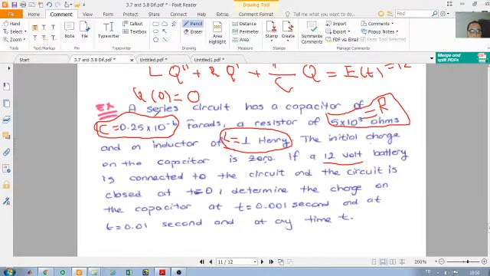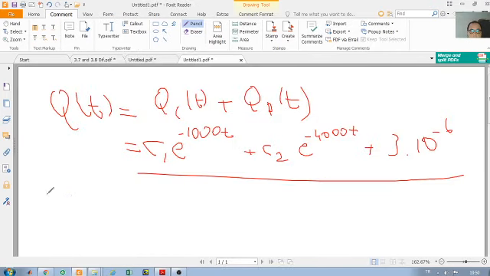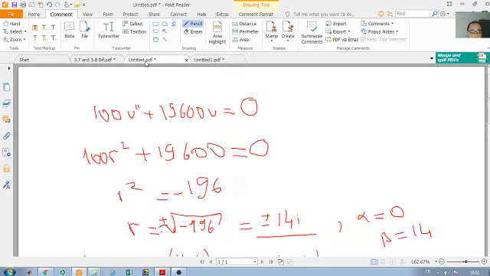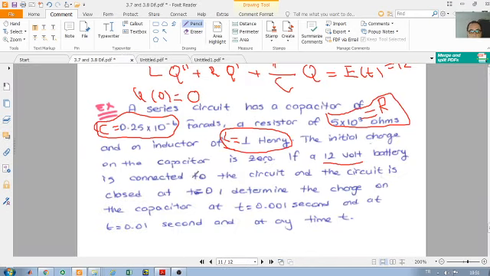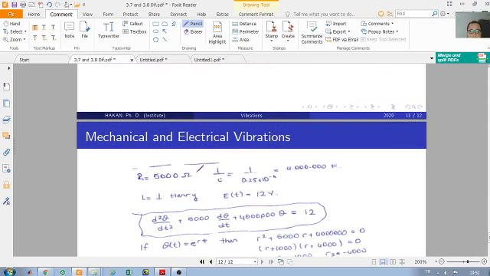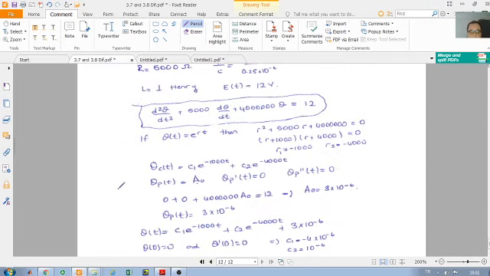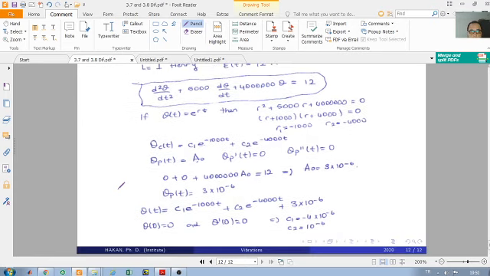The initial conditions: q of 0 is equal to 0, and the value of the first derivative at the beginning time is also equal to 0, since we don't have any current flow at the beginning.